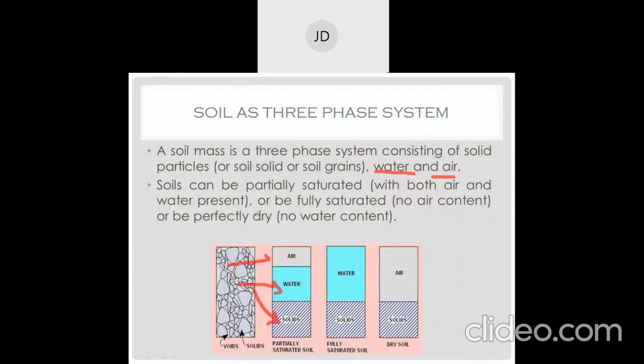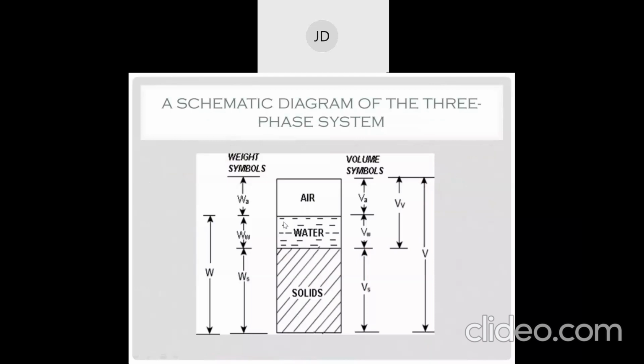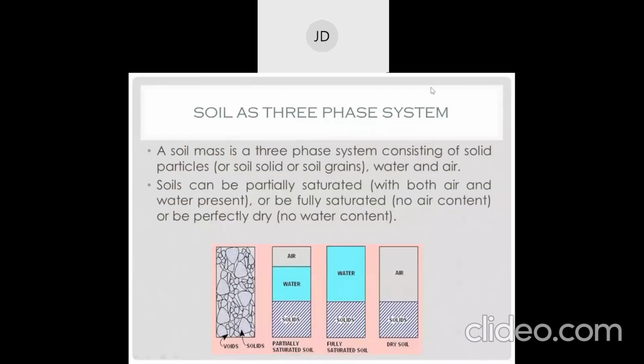Come to the second drawing. This drawing is just a representation of the first diagram. In nature, you will not get this.